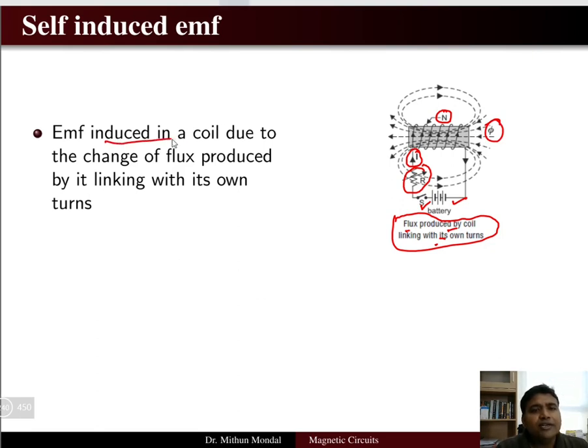Then the EMF induced in a coil is due to the change of the flux produced by it linking with its own turn. So when the coil has n number of turns and is wound on a conductor, the EMF induced in the coil is due to the change of the flux produced by its own linking.